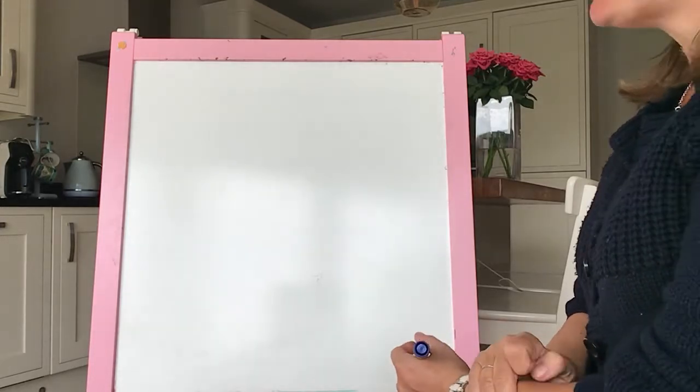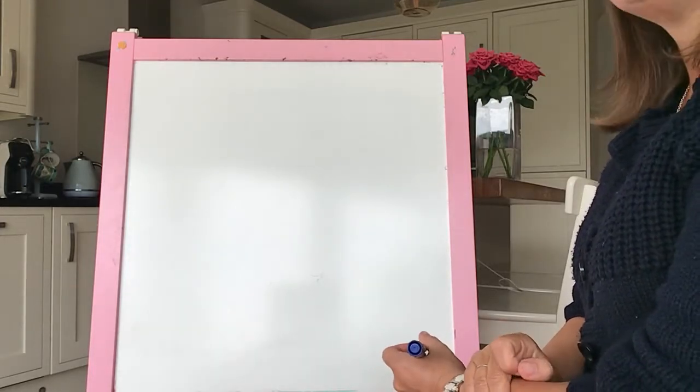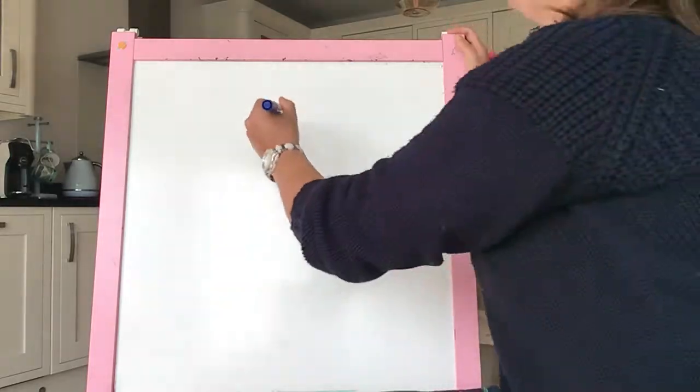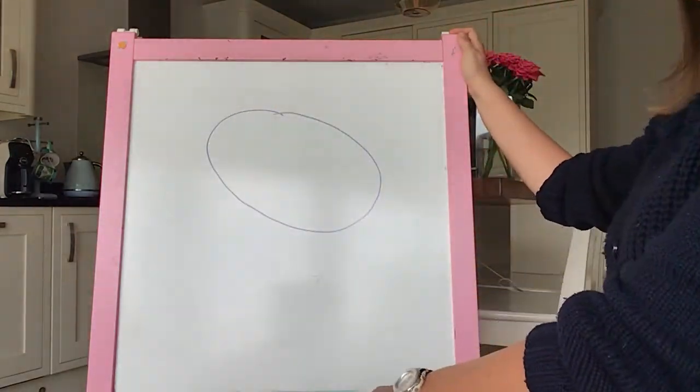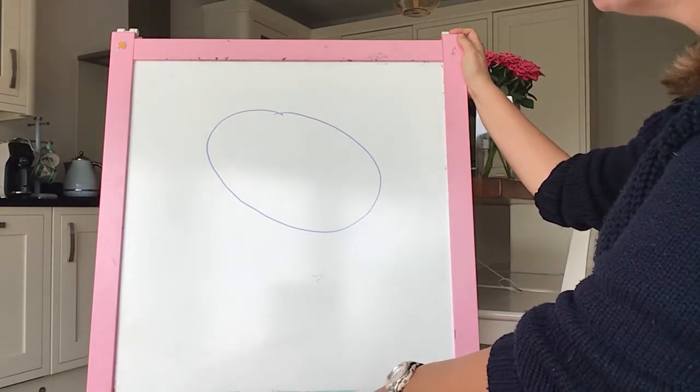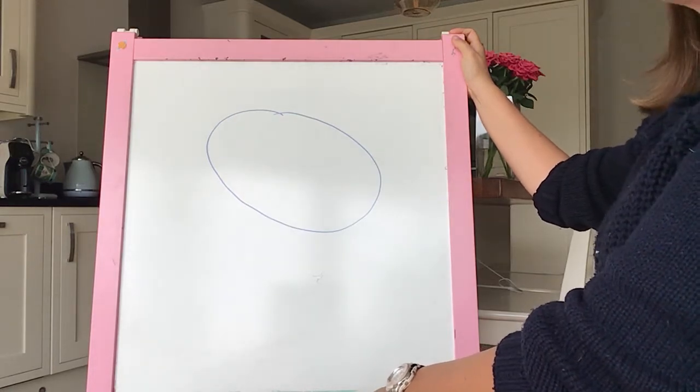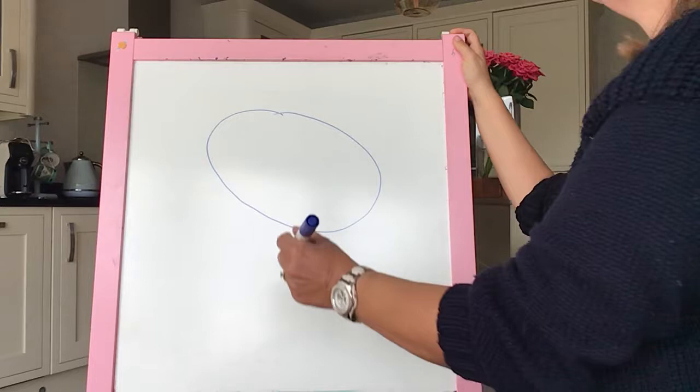Okay, everybody, welcome back. Hopefully you've all drawn yourself a little mitochondria. So hopefully you've all drawn an oval shape. What I've drawn here is the outer mitochondrial membrane.